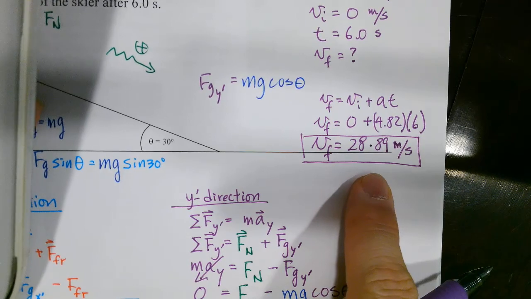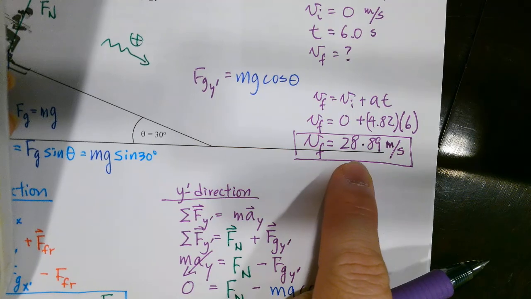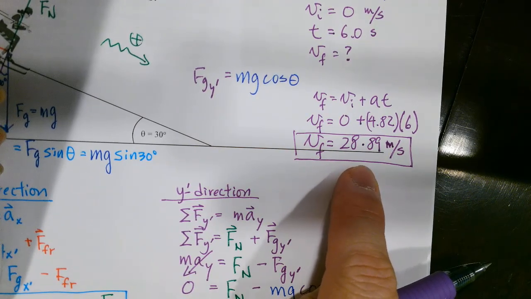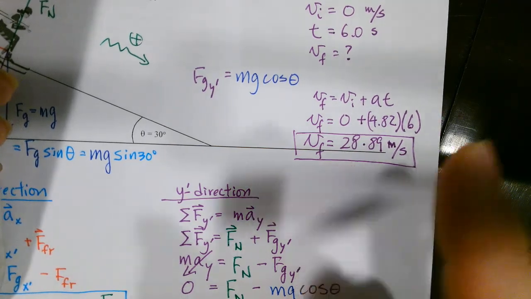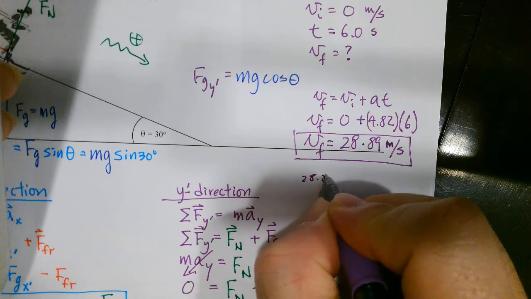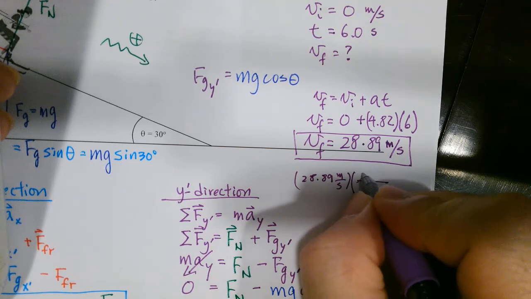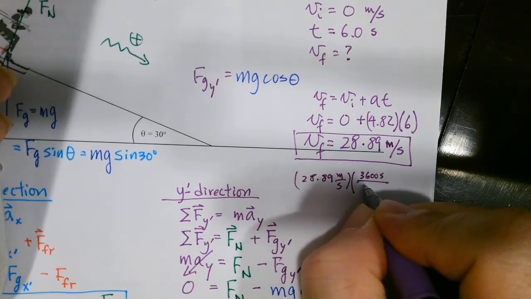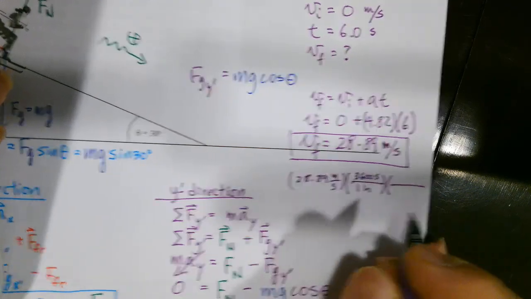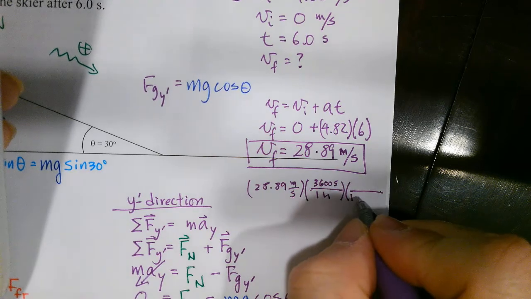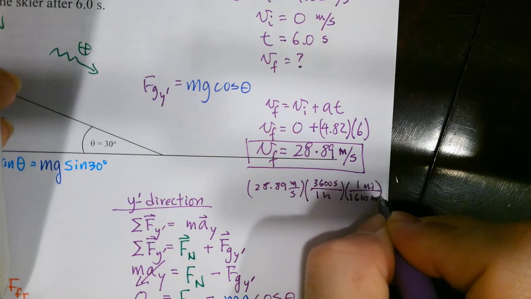That doesn't seem fast. However, if we were to convert this 28.89 meters per second into miles per hour, we first multiply by 3,600 seconds in 1 hour, and there are 1,610 meters in 1 mile.